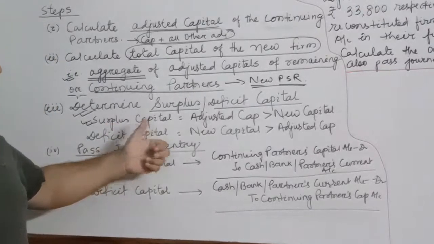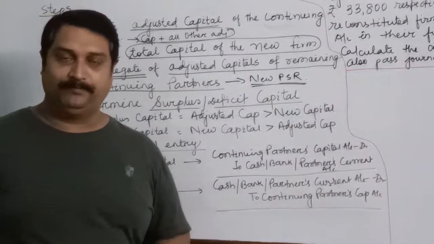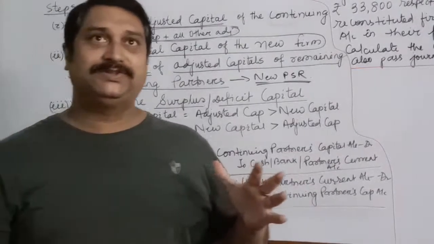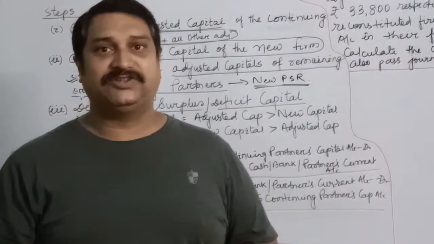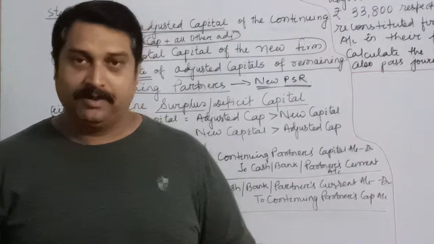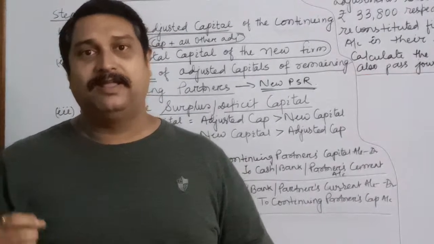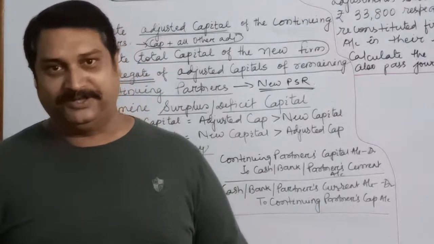What do you mean by surplus capital? Surplus capital is the capital when your adjusted capital is more than new capital. For example, suppose after all the adjustment, the capital of a partner comes up to rupees 50,000. But if the new capital is determined, it comes only 45,000 rupees.